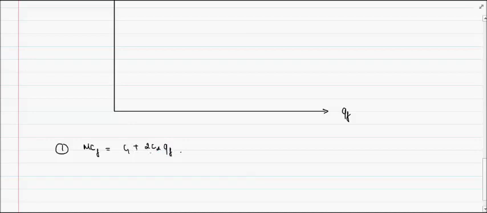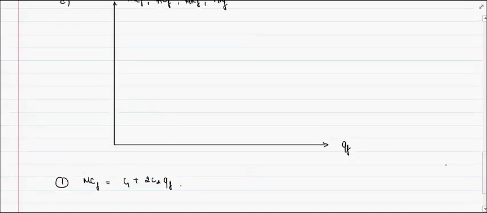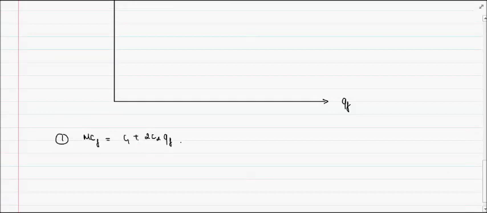As you can see, this is a straight line because it is a linear function of QF. So a straight line with a vertical intercept of C1 and a slope of 2C2, so we know that it's going to be increasing. To draw a straight line, the easiest way is to find the intercepts, or you can pick any two random points and connect them by a straight line.